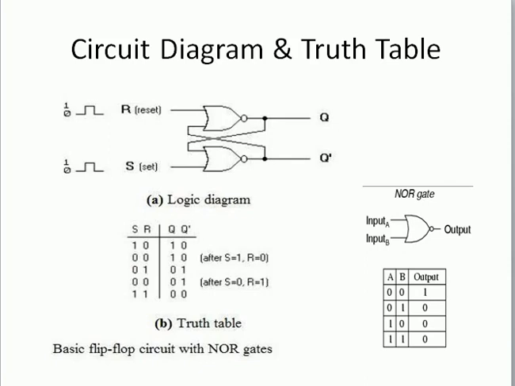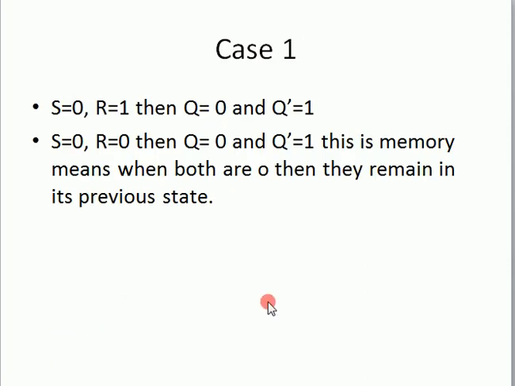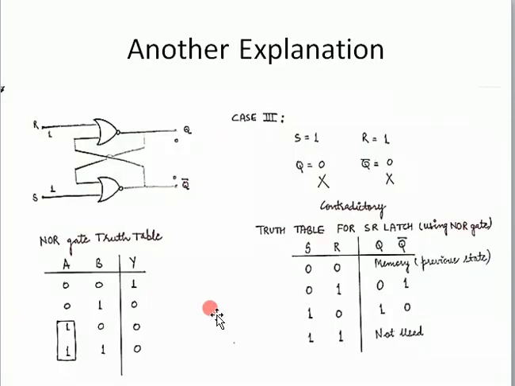So first of all, before we come to this figure, we will discuss case 1. Here we basically have three cases: 1, 2 and 3. I am taking this figure here, and from here you can understand it very easily.